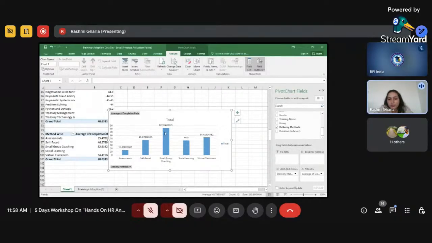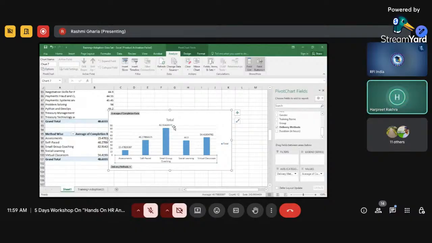When we talk about small group coaching, there may be a possibility that we have divided people into small groups and are providing them proper training under supervision. So it's a kind of coaching method, and there's a close connection between the trainer and trainee as well. That's the reason the effectiveness of this method is higher in comparison to the other methods, and that's the reason people are taking interest and have completed it. The completion rate is also close to 82%. I hope you got my point.